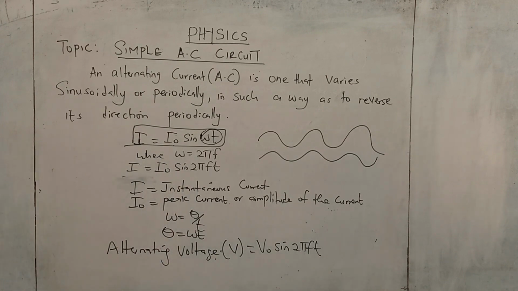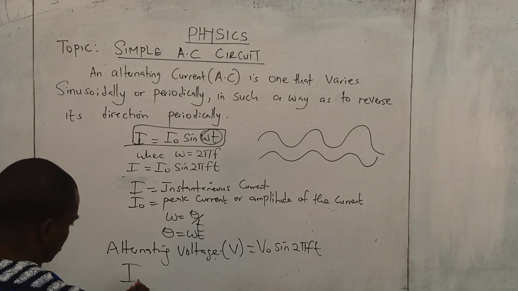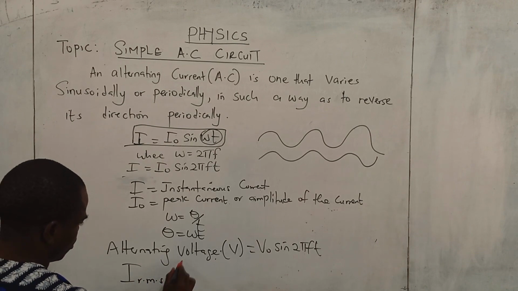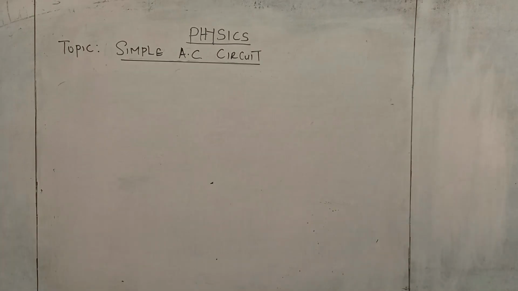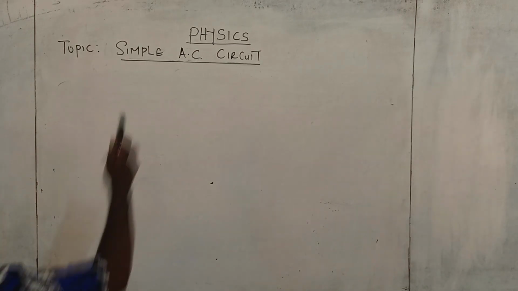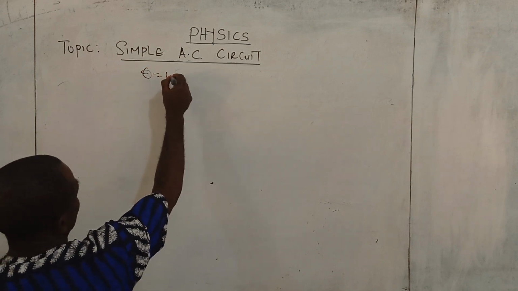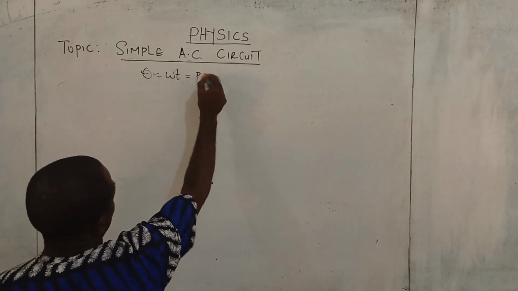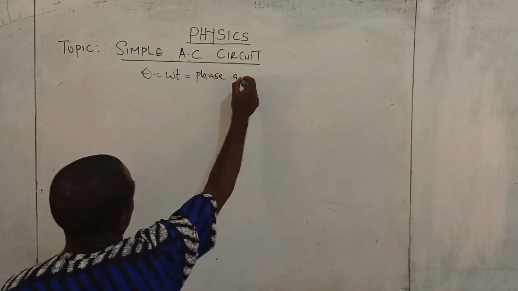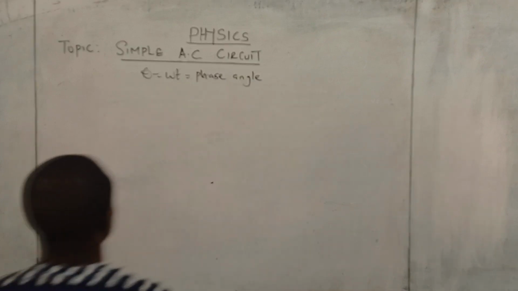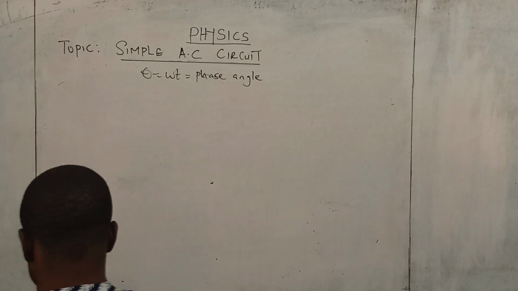It's an important formula, and if you have that, the I root mean square equals I naught over square root 2. And theta equals omega t, take note, is called the phase angle.